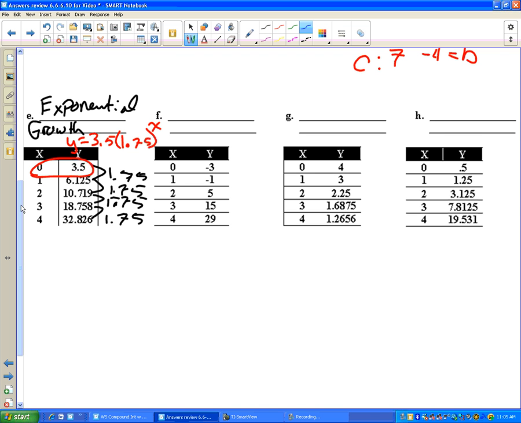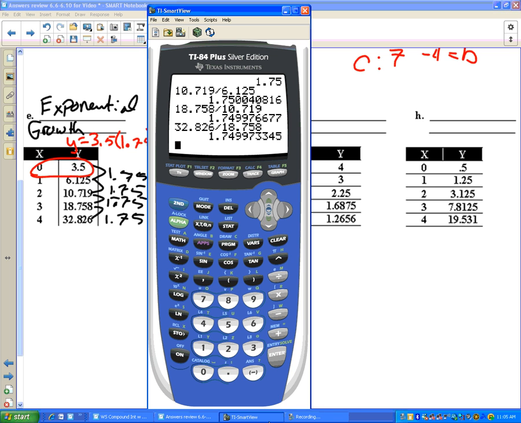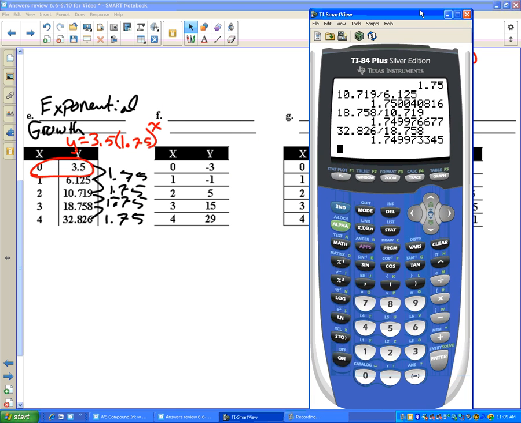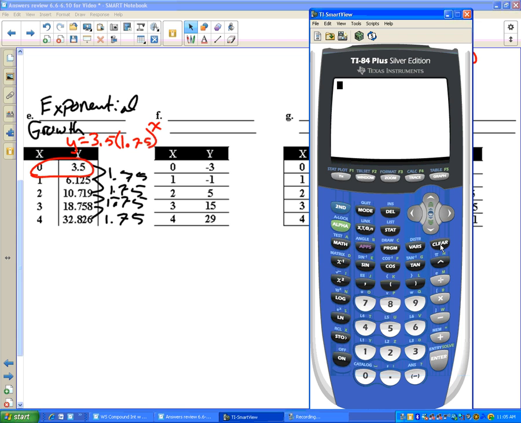I'm not sure what this is right off the bat, so I'm going to do my successive quotients, and if that doesn't work, then I'll try differences. Okay, so if I do -1 divide by -3, I get 3. If I do 5 divided by -1, I'm going to get -5.